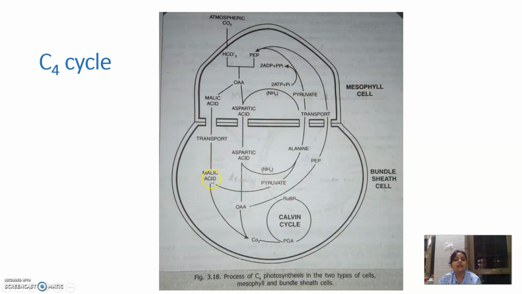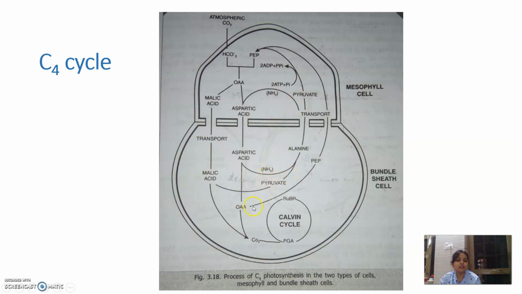The malic acid produces the pyruvate, which is a three carbon molecule. The pyruvate undergoes amination, forming alanine, which is transported to the mesophyll cells. In the mesophyll cells, the alanine gets converted into pyruvate.